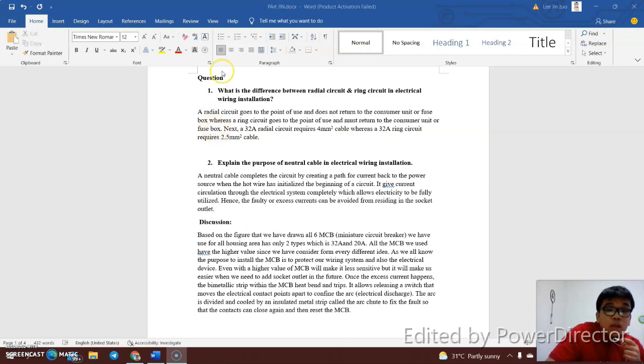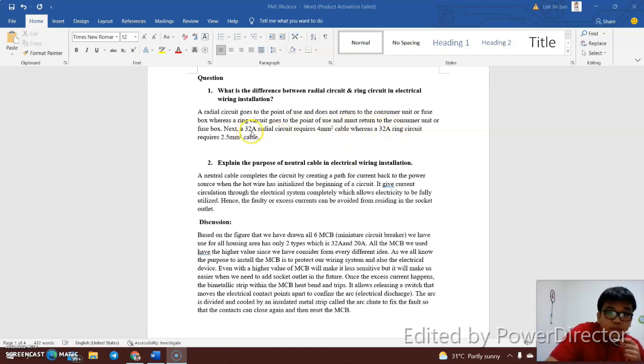The first question is, what is the difference between radial circuit and ring circuit in electrical wiring installation? The answer from our group is a radial circuit goes to the point of use and does not return to the consumer unit or fuse box, whereas a ring circuit goes to the point of use and must return to the consumer unit or the fuse box.